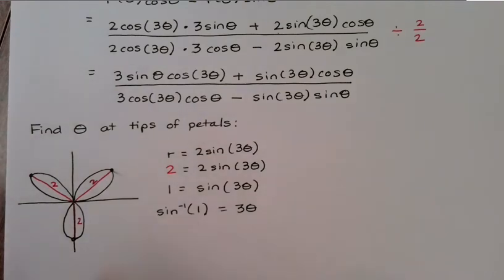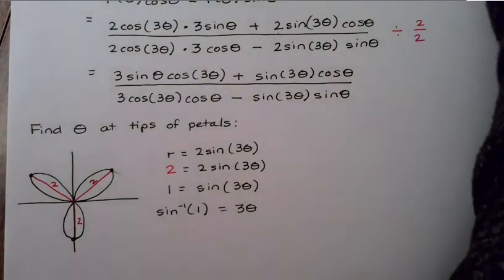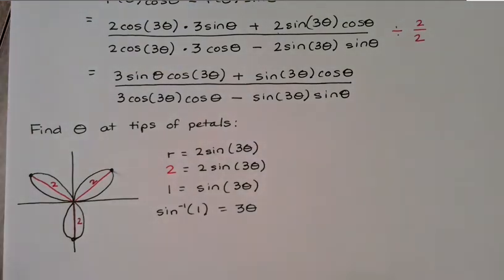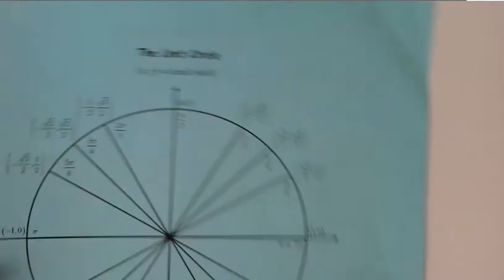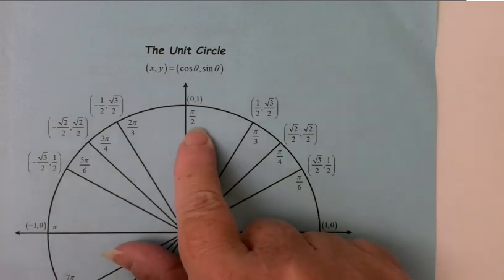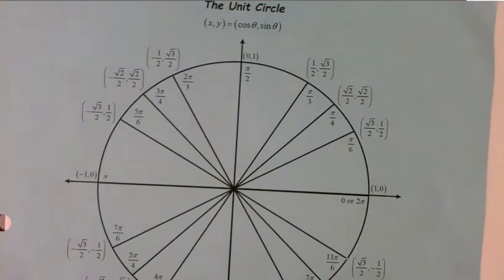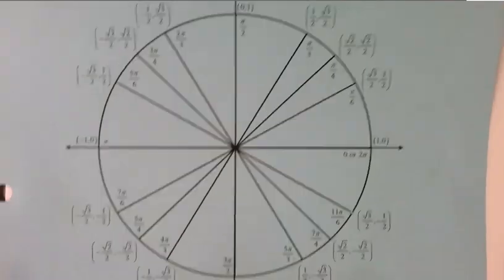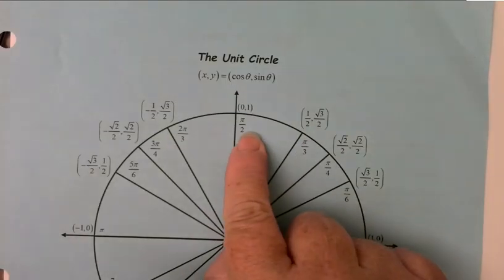And so I need to know what angle or angles have a sine of 1. And notice I'm going to need 3 of them. 1, 2, 3. So I'm going to notice here, sine is equal to 1 up here at pi over 2. That's the only place on this whole unit circle where the sine is equal to 1.